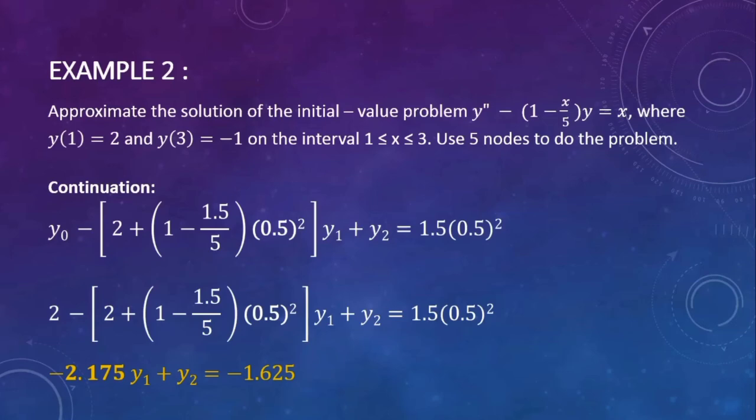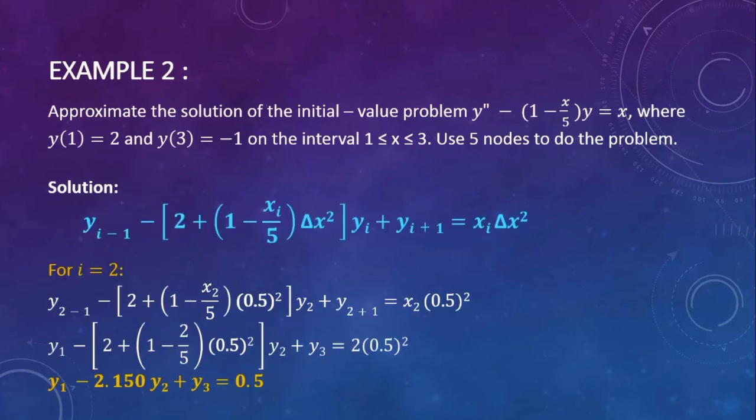So in continuation, we have to take note that the value of y sub 0 is equals to 2. So we have 2 minus 2 plus 1 minus 1.5 over 5 times 0.5 over 2 times y sub 1 plus y sub 2 is equals to 1.5 times 0.5 squared. So we calculate it. So we have negative 2.175 y sub 1 plus y sub 2 is equals to negative 1.625.